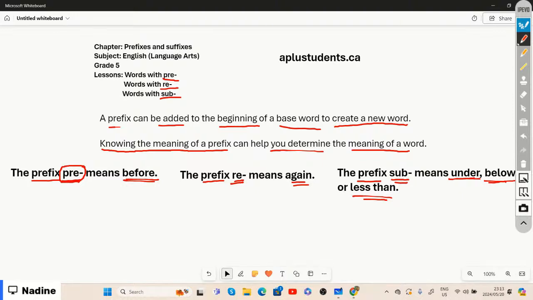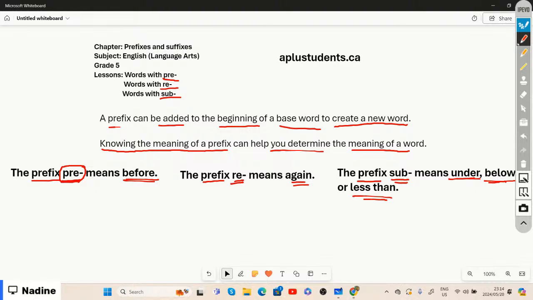All right, if we're going to be looking at a few words that start with pre, then let's think of a word like preview.